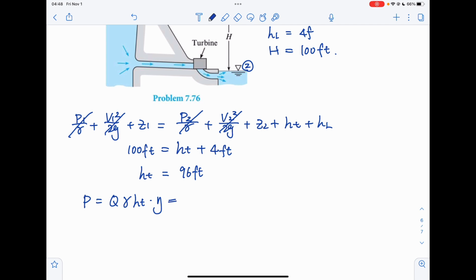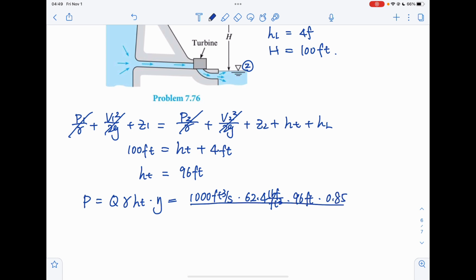So it actually equals 1,000 cubic feet per second times gamma, which is 62.4 pounds per cubic foot, times the head of the turbine and times the efficiency.